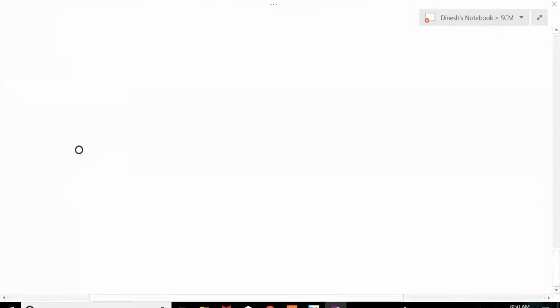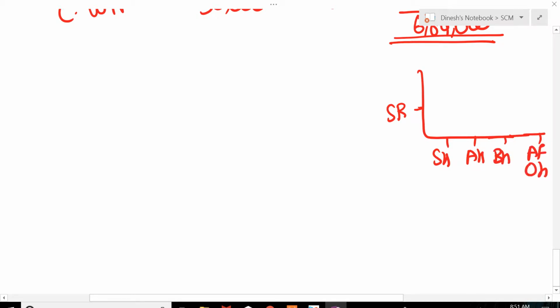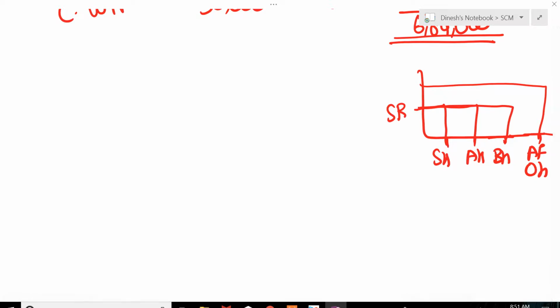The chart used to be SR into SH, SR into AH, SR into BH and finally AFOH. So SR into SH, SR into AH, SR into BH and the last item used to be called AFOH.